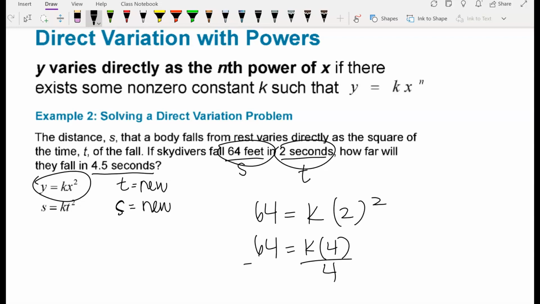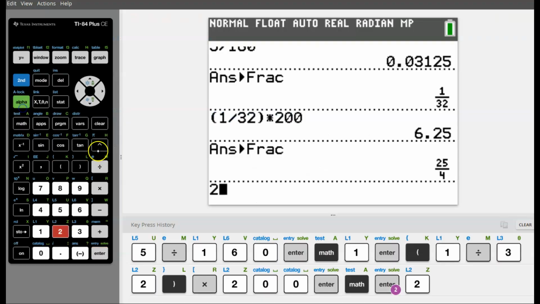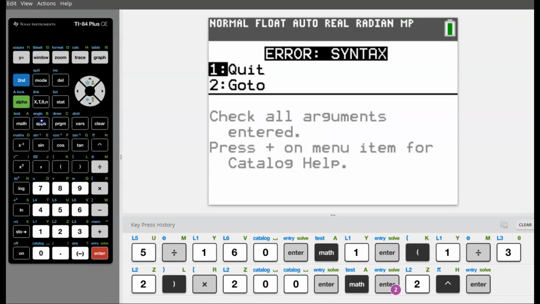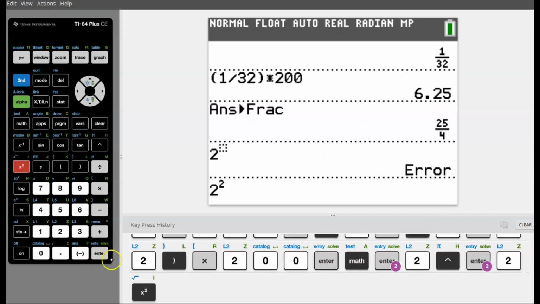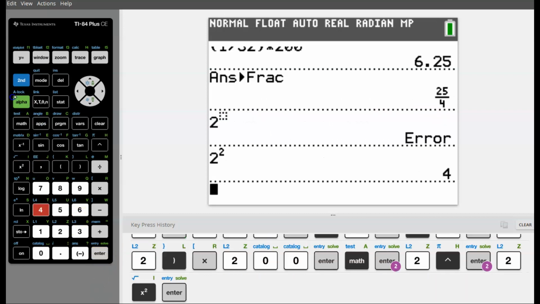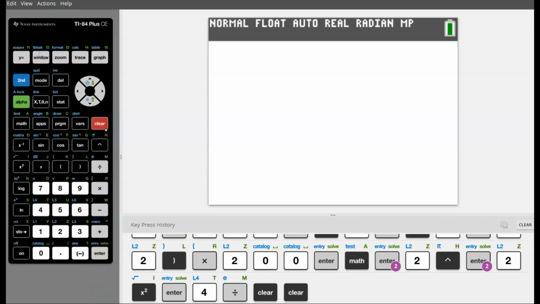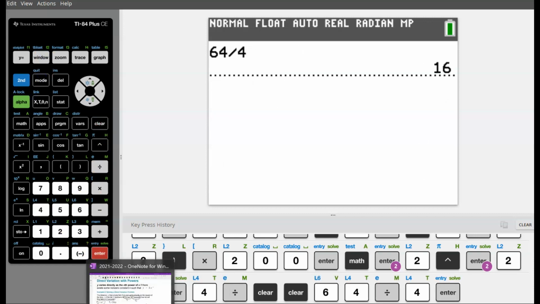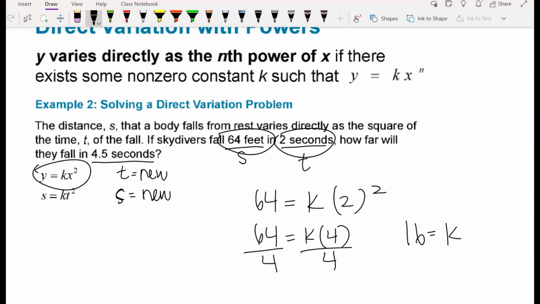Then we're going to divide each side by 4, and we get 16 equals k. If you didn't know all of that, you can do 2 squared, you get 4, and then 64 divided by 4 is 16.